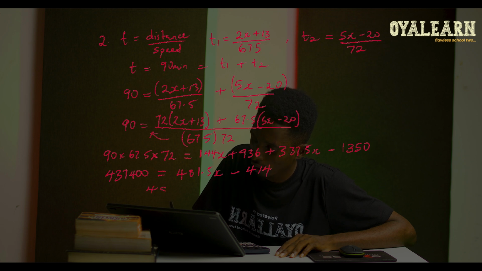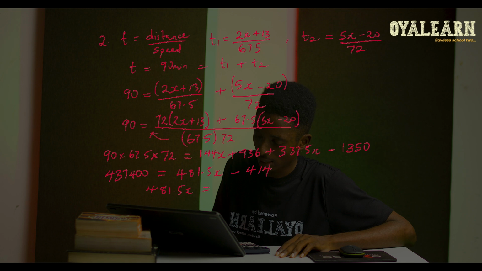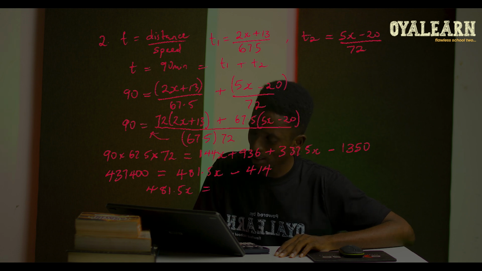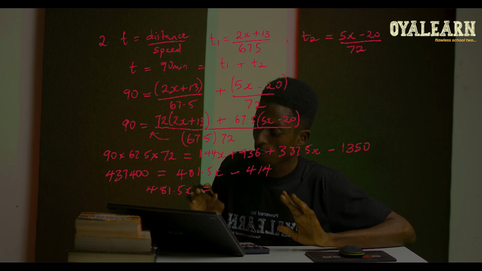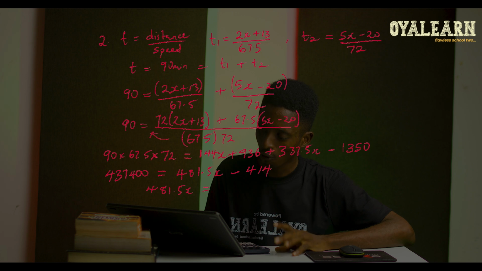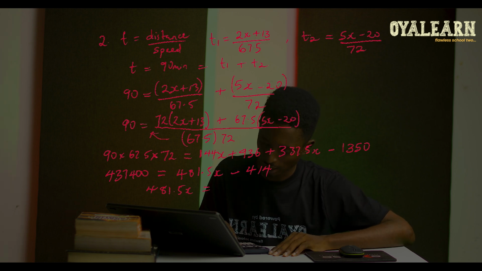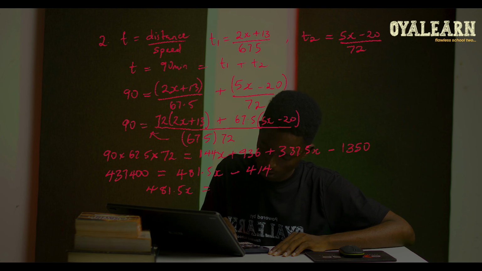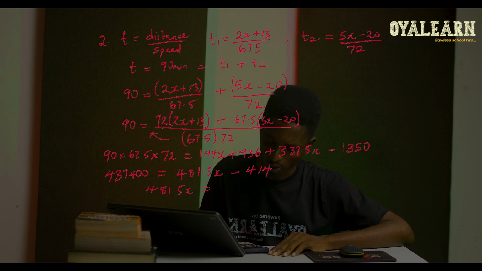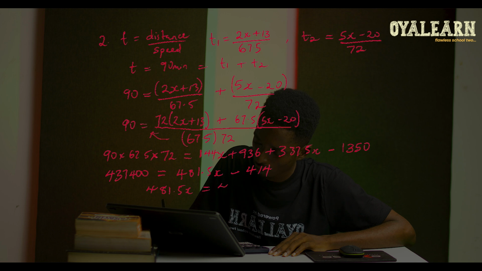So 481.5x equals the difference of, that is when we take this negative sign to this part, we have positive. So it becomes 437,400 plus 414. So let's add that. 437,400 plus 414, and now we have 437,814.